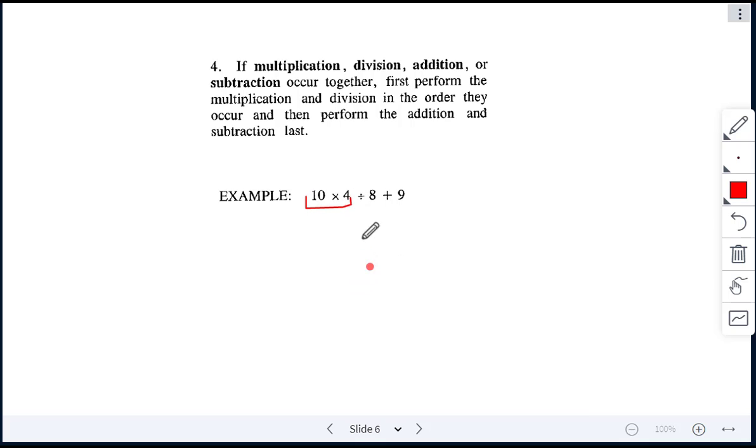All right, so 10 times 4, that gives me 40. Then we have divided by 8 plus 9. All right, so next I would do division. 40 divided by 8, which gives me 5. And then I have plus 9, which gives me 14 as my final answer.